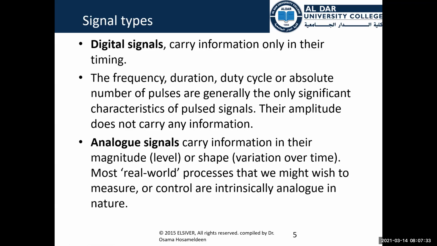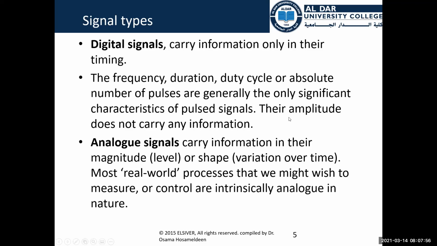But for the digital signals, the most important thing is that the amplitude cannot carry information. It's all about frequency, all about the duration of the signal, the duty cycles, and other parameters.